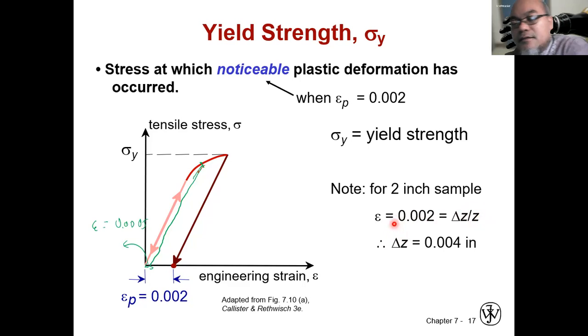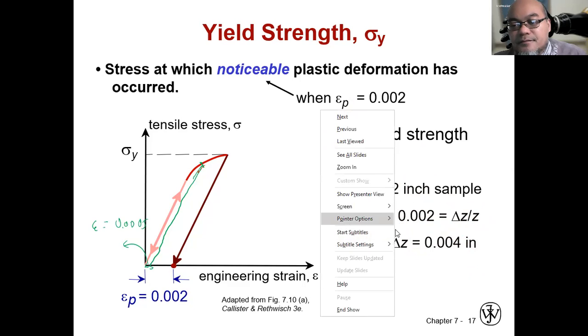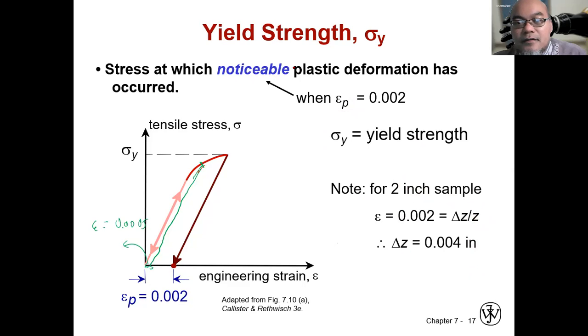Because l is 2 inch, the delta l will be 0.004 inch. So please remember again this word noticeable. It is defined as when epsilon p, the plastic strain, equals 0.002.